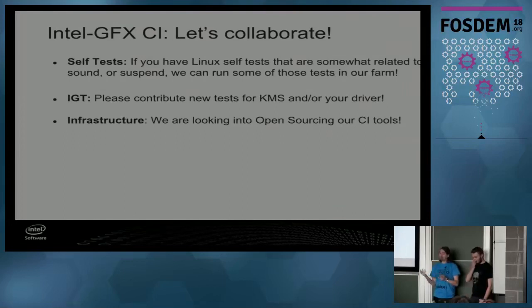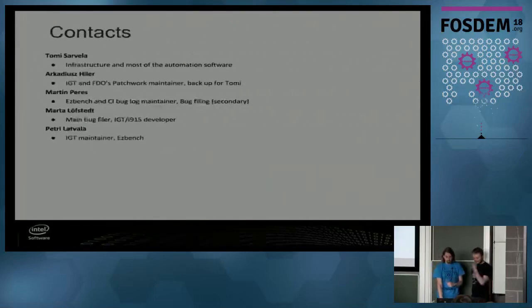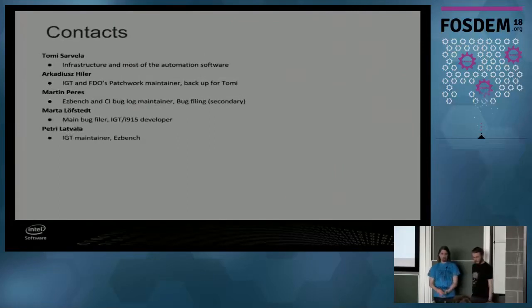You can help on IGT, because you can write your own KMS tests or tests for your actual driver. And if you've got selftests that impact graphics, like suspend and things like this, then we could even run it in our farm and file bugs, because it affects us, so we'll have to do it. Of course, we're not going to do your QA, but if it can be a synergy, that would be good. And here are the contacts, if you're interested.